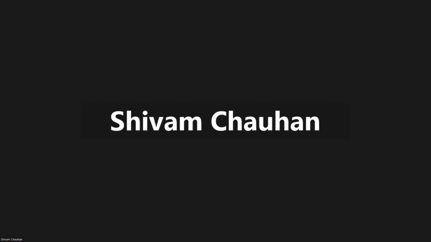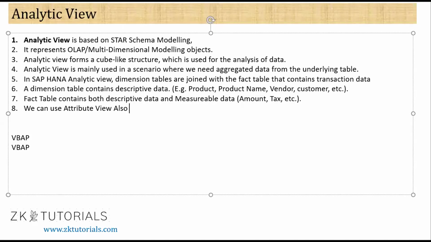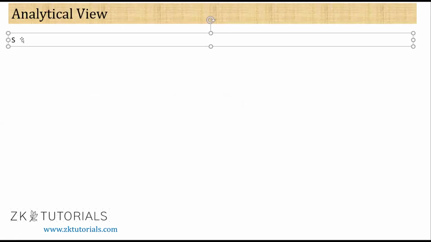I will go back there. See it again. So what is this semantics? This semantics node represents the output structure of the view.